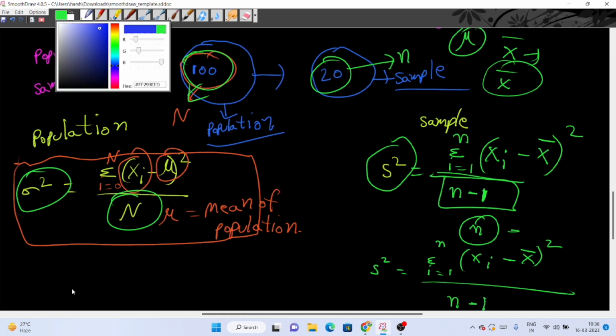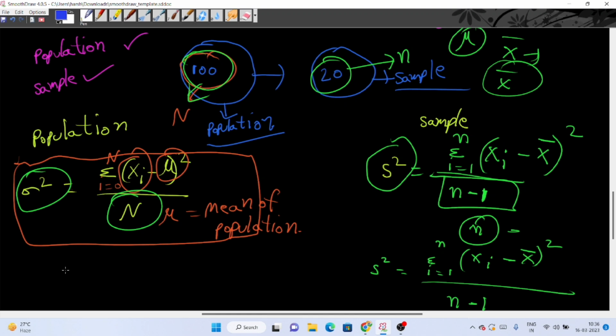I may also write the population variance formula here. It is sigma square equal to sum from i equal to 1 to capital N of xi minus mu, which is the mean of the population, whole square, divided by N. So these are the different formulas for population variance and sample variance.